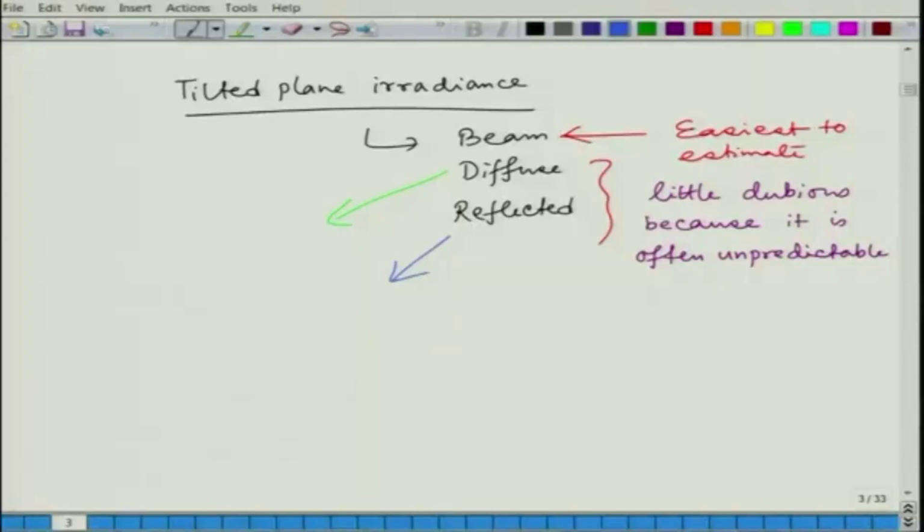So, the shading profile as well as how much radiation will be reflected through other bodies, objects to the collector, that is also a little unpredictable. So, these two are a little dubious to calculate, but anyway we will assume that we can somehow measure them and continue with our estimation procedure.